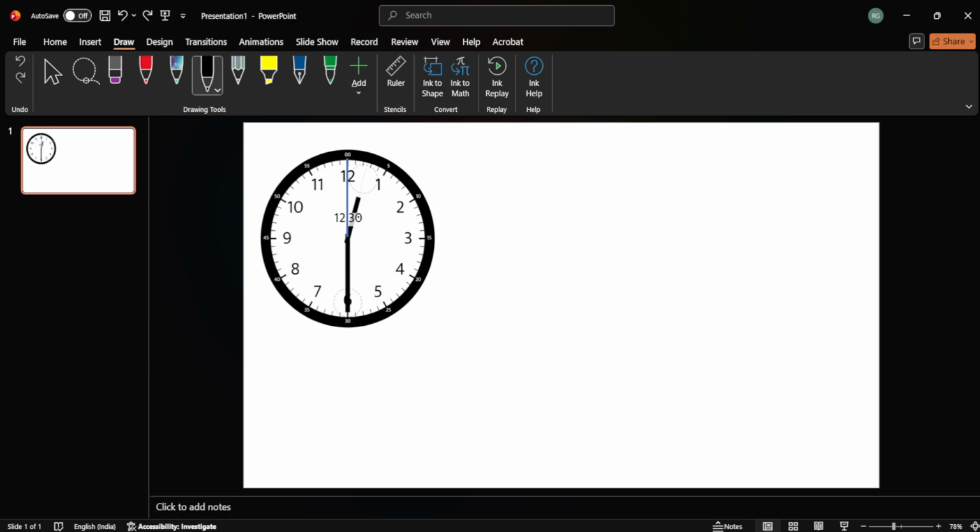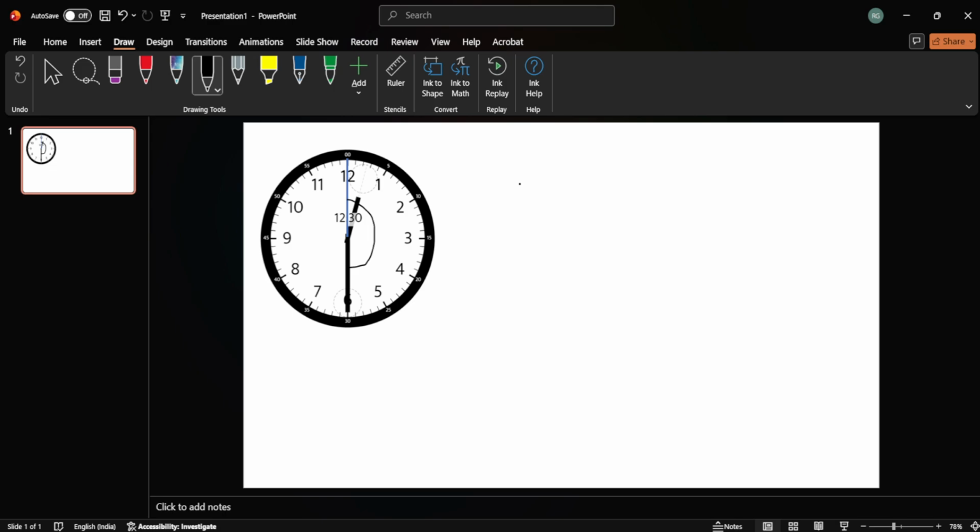So how can we find it? As I take this one as a baseline, I will find how much the minute hand has moved from this baseline.